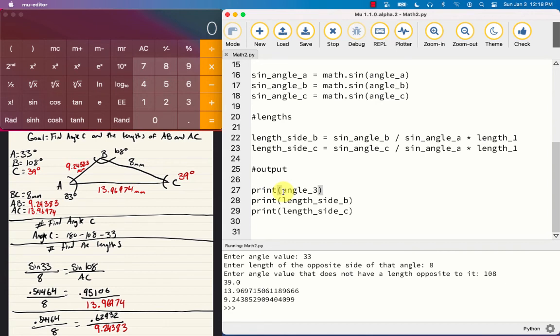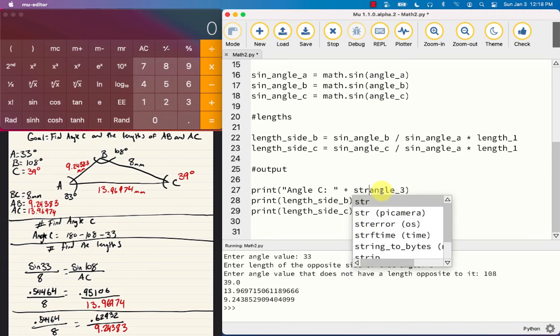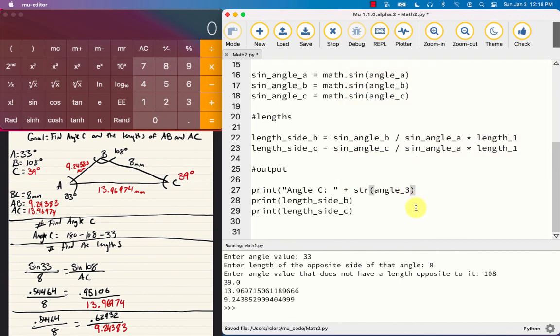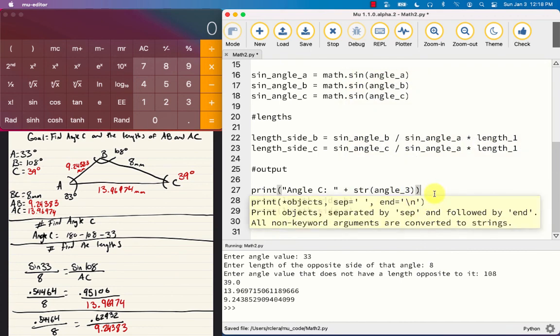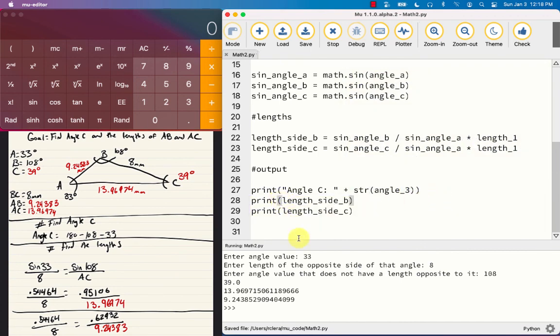So let's say in our print, we'll say angle C plus, and that'll give us that. But one thing to remember is angle 3 is numeric, and when you use concatenation, you have to convert it to a string. So we're just going to convert that to a string.